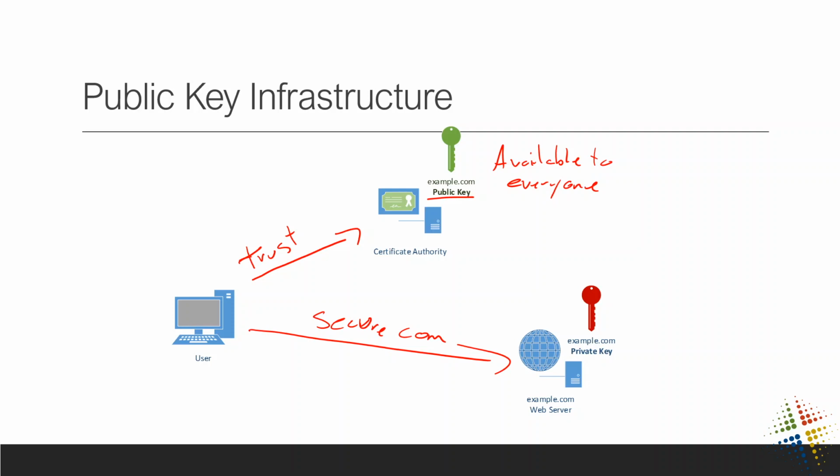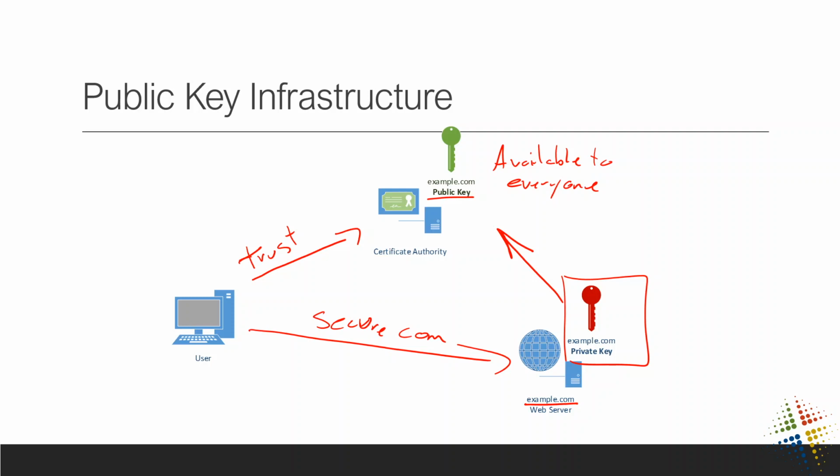Since this trust is already there, I can go ahead and create this secure communication with example.com. If, however, I see a communication with a server that says they're example.com, but has a key that is not created by that CA, then I don't trust it. So the trust mechanism is what helps me establish that communication with the web server.